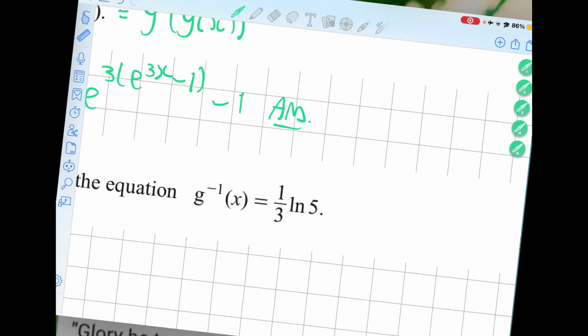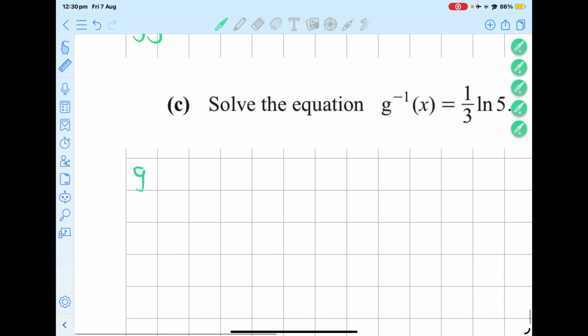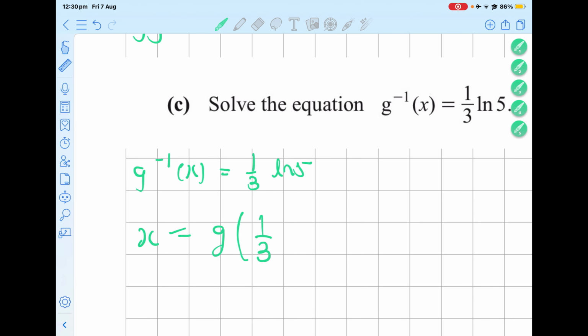If we write down g inverse of x is a third of ln 5, that basically means for what value of x is g of x equal to 1/3 of ln 5.